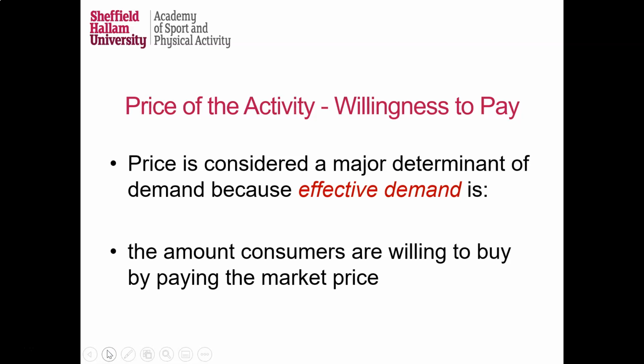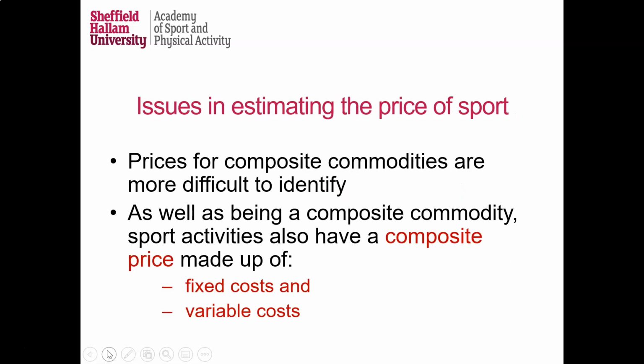So effective demand is revealed demand, the actual demand which we can see at a particular given price. And economics shows us that usually the relationship between an increase in price and quantity demanded is a negative one, i.e. as price increases, demand decreases. So demand is highly dependent on price.